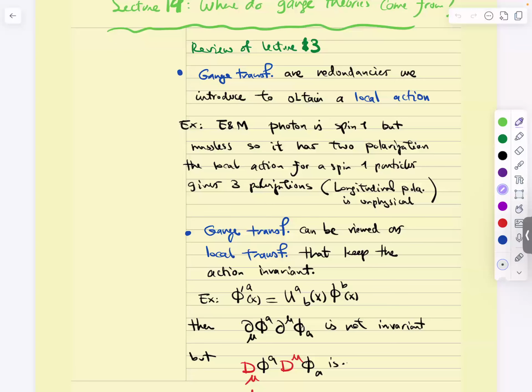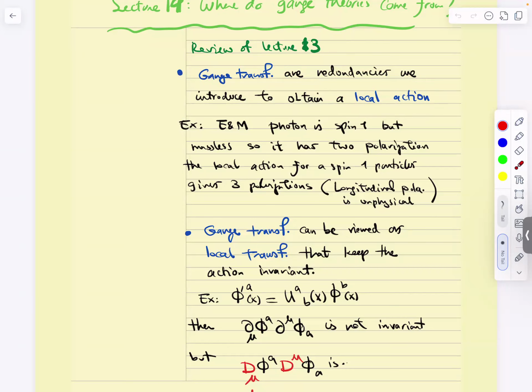All right, so we said that gauge transform, if there are any questions, I'm reviewing lecture 13. If there are any questions, please do ask. Gauge transformations are redundancies that we introduce to obtain a local action. So the theory we're going to see today, these gauge theories that we're talking about, have inherently non-local operators called Wilson loops or Wilson lines.